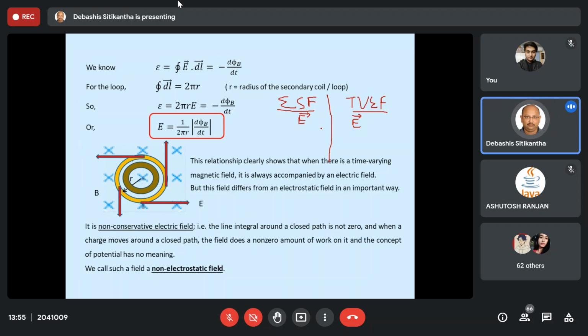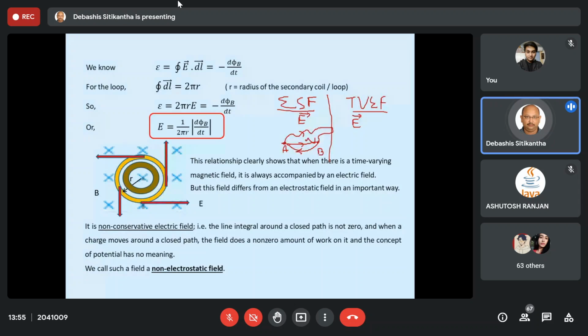What does that mean? That means in this type of field, if I take a charge from point A to the point B, then the work done around a closed path is equal to 0. So this thing we have already studied.